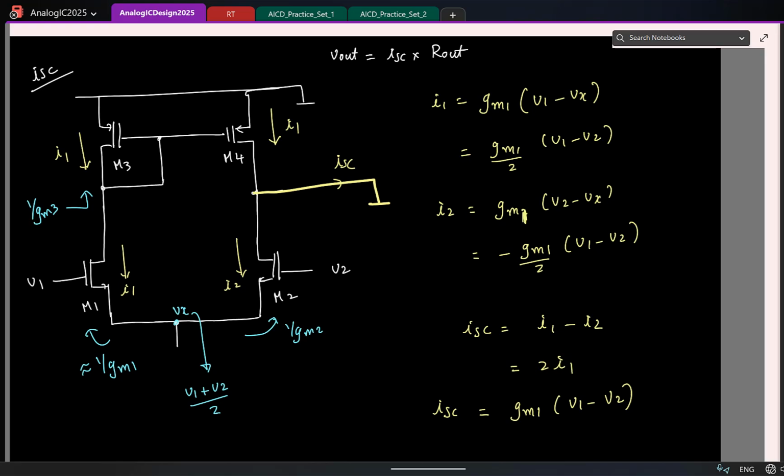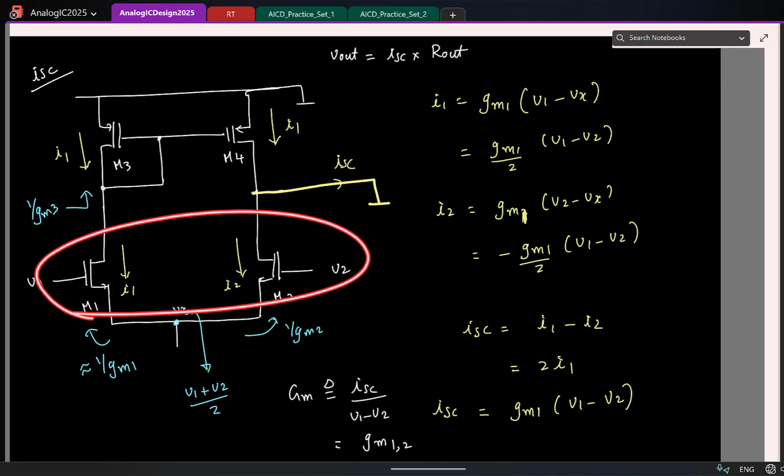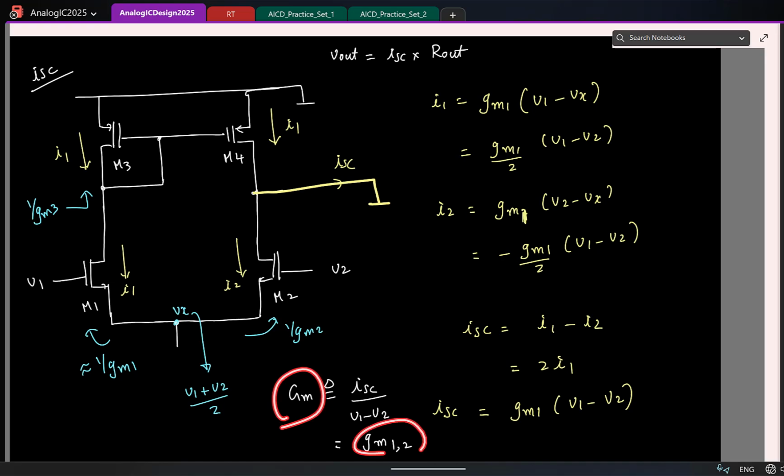So if I were to define a short circuit Gm, which is the short circuit current divided by the differential voltage V1 minus V2, what will this be? Gm of which transistor, M1 or M2? I can write M1 or M2, it doesn't matter. It should not be surprising, because it is the transistors M1 and M2 which take in the voltage and convert it to a current. So it shouldn't be surprising at all that the short circuit Gm depends only on those two transistors.